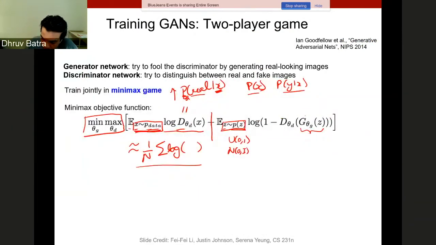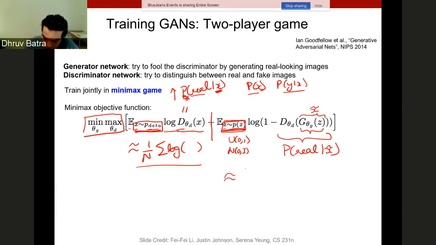And so this inner term right here is X tilde, and D theta of X tilde is the probability of real class given X tilde. So 1 minus probability of real is the probability of being correctly identified as synthetic. And what we want is, in expectation over Z, on average over the samples.